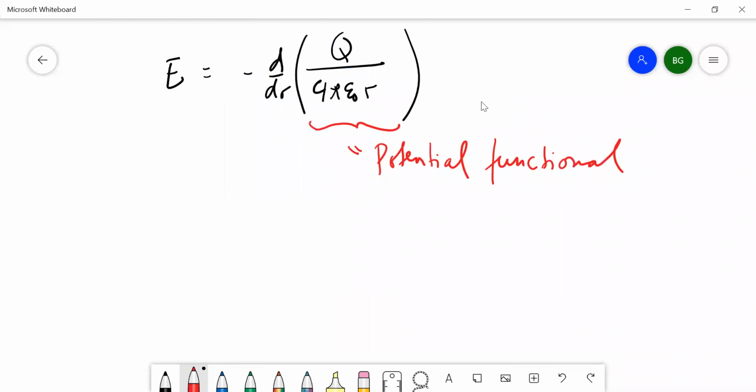So in electrostatics, we usually have two quantities. We have the vector, this is the electric field, and the potential. Okay, so this is basically a non-formal definition of the potential functional.